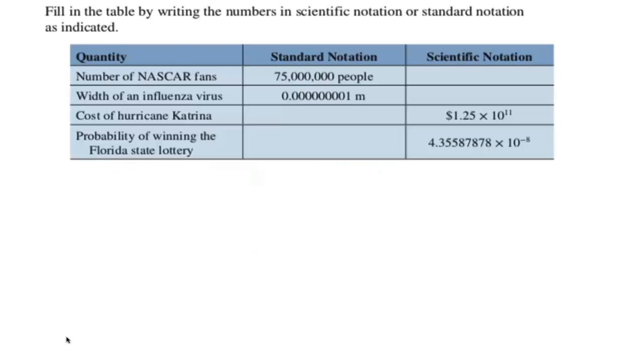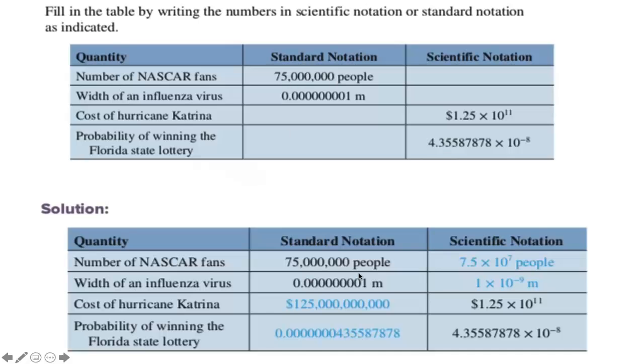Okay, so let's go back and forth between standard notation and scientific notation. For example, if you have a number like this, we want to move the decimal so that it is 7.5. So it'll be 7.5 times 10 to the 7, because this is moving 7 places.